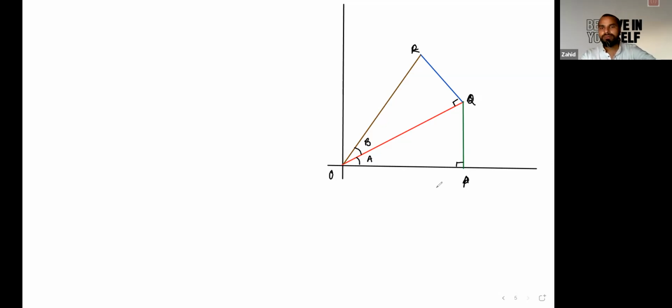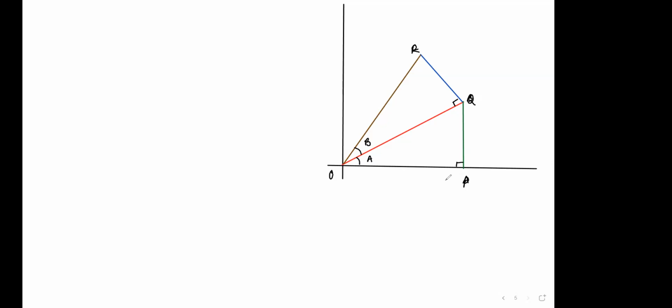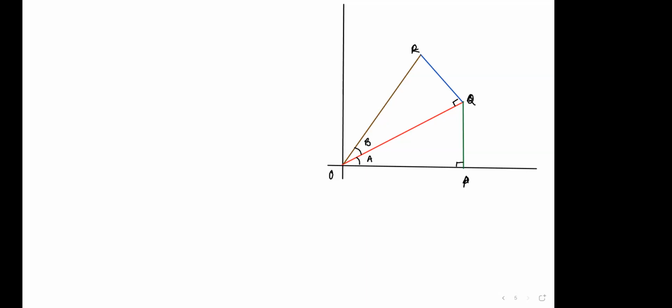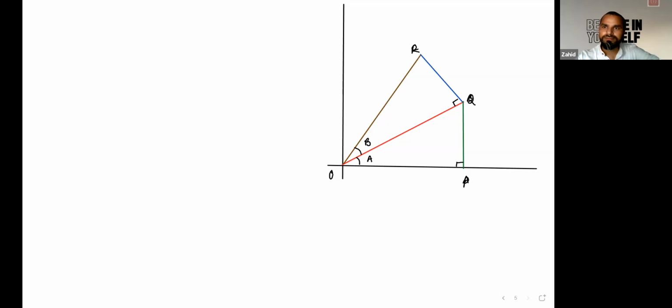Any doubt till now? No, sir. Okay. So from this particular part, we try to obtain first sine of A, cos of A, similarly sine of B, cos of B. Suppose sine of A is equals to perpendicular over hypotenuse. So perpendicular is PQ, hypotenuse is OQ.